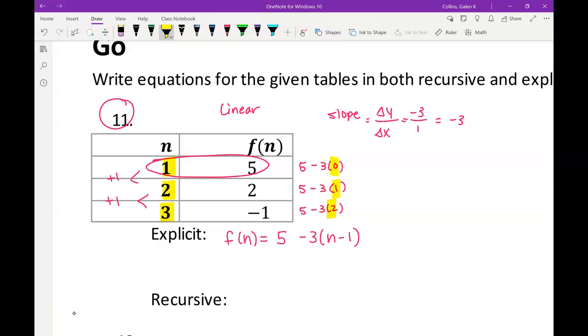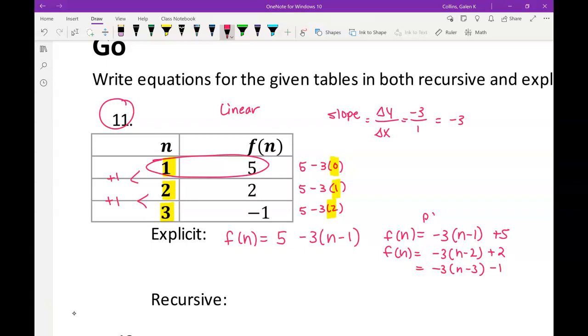I could also just think of this as being point slope form that we learned about in our last unit. And this would be the same as saying f of n equals -3, my slope, times n minus 1, since I'm starting at my first value, plus 5. I'm not going to do this for all of these, but just to review, I could have used the point at 2 and had a plus 2 right here, or I could have used my point at, sorry for the dog in the background, n equals 3 and had a -1 here.